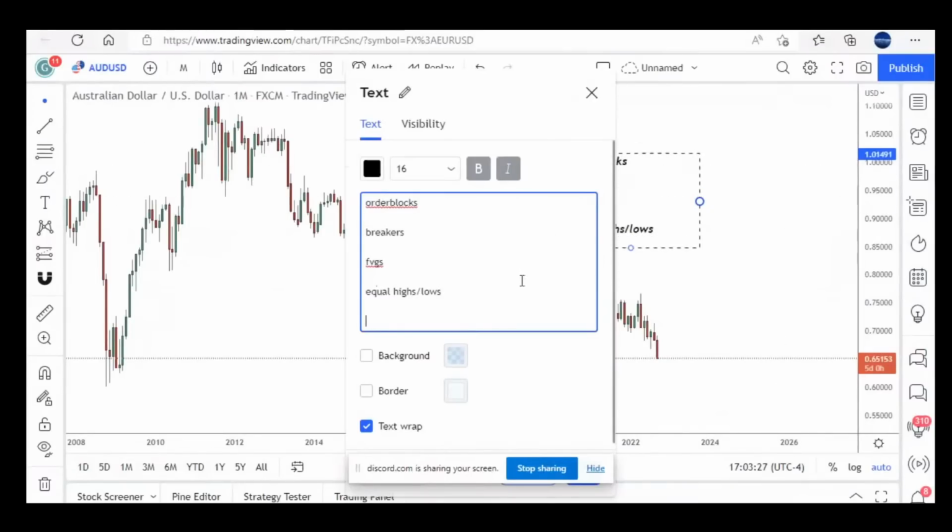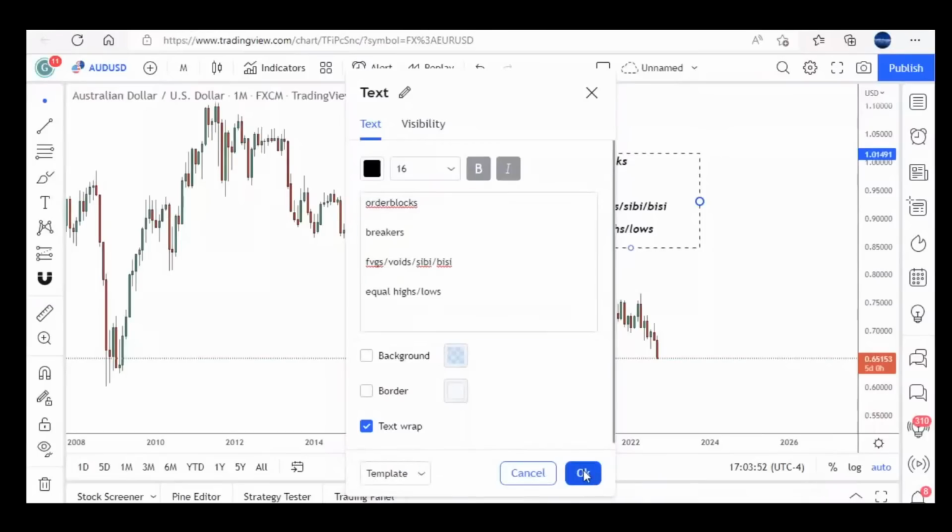And when I say fair value gaps, I mean that in the form of voids, liquidity voids, fair value gaps, the sell side imbalances, and the buy side imbalances. I pretty much look at those all as the same thing, but everyone has their own terms for it nowadays. But anyways, let's see.